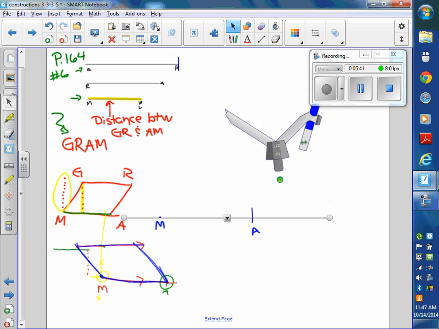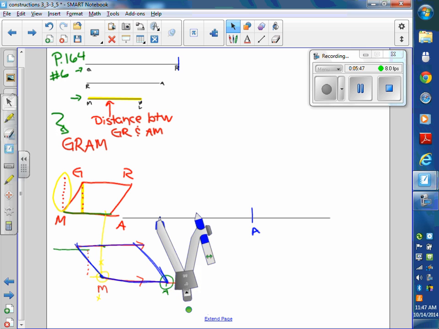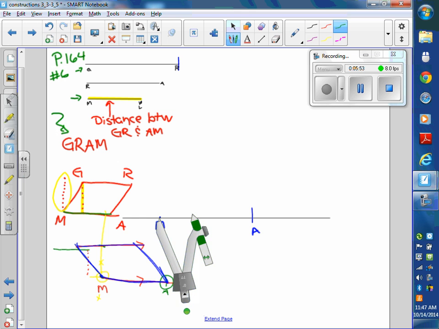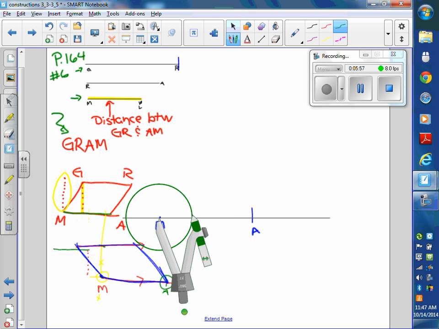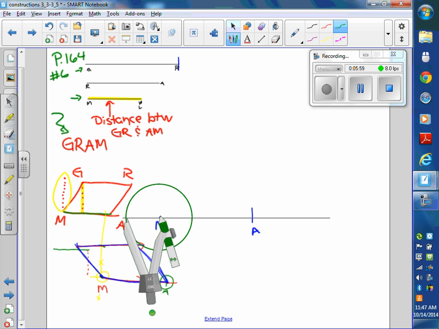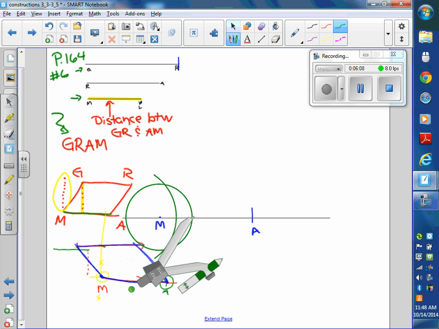Past that point and make a perpendicular about M. So I'm going to make a circle around M and make a perpendicular using that circle. So I have to use this intersection point. And use this intersection point.